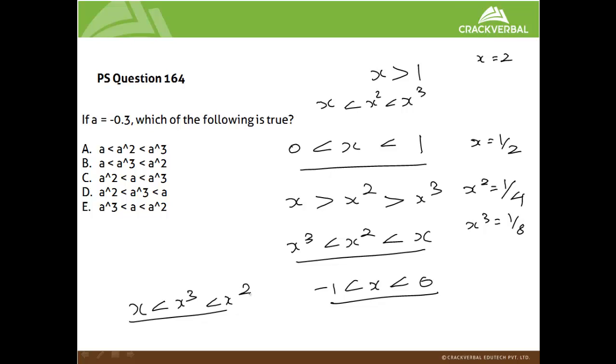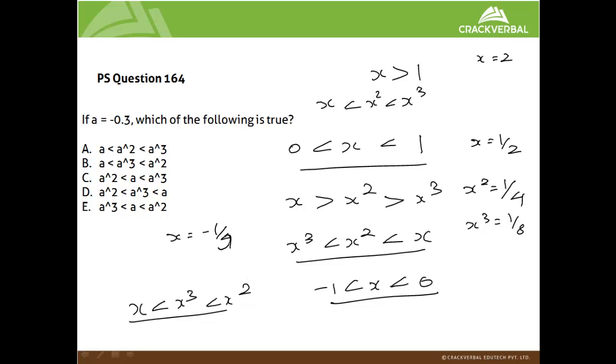Why does x square become greater now? Because x square is now a positive number, since negative into negative makes it positive. And x cube, negative into negative into negative, is still a negative number, but in a negative number the least magnitude has to be the greatest. Let's try x equal to minus 1 by 2.